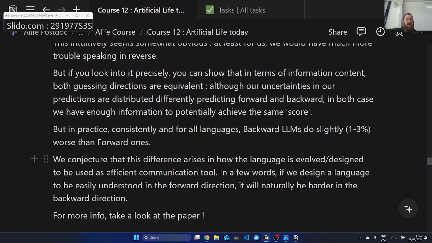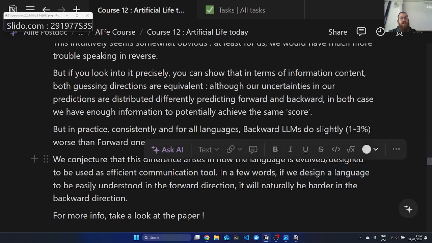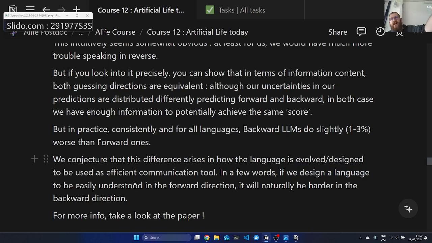We put one word after another. So if we design a language to be easily understood in the forward direction, this implies that it will be harder for the backward direction.